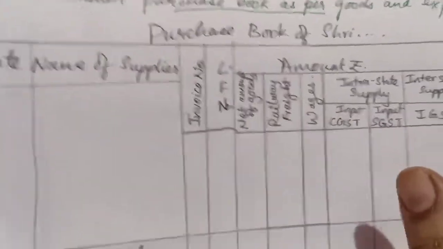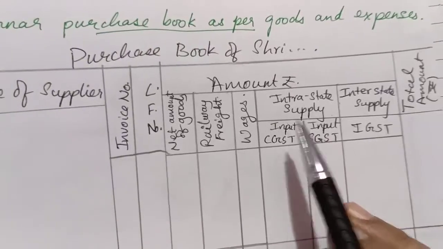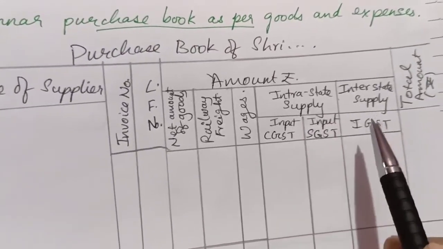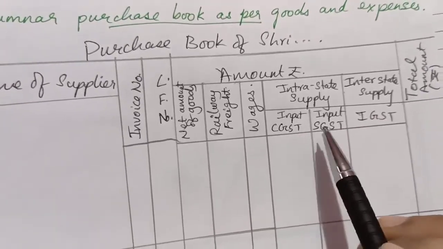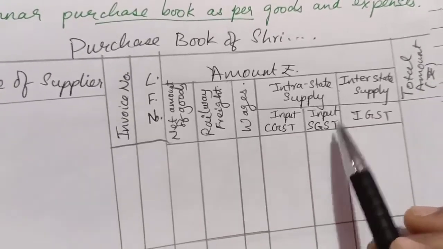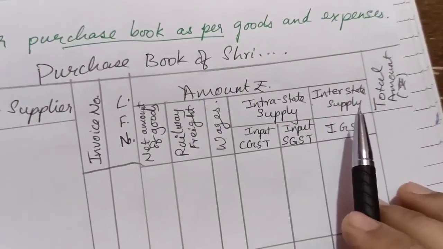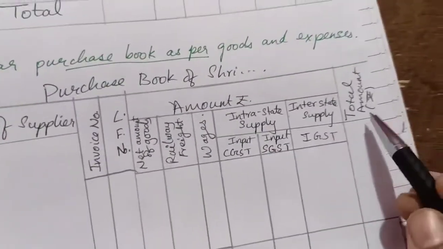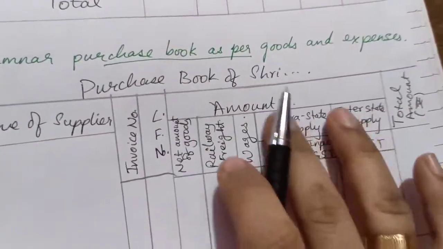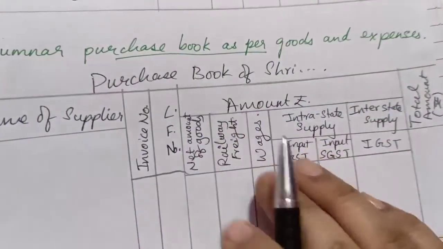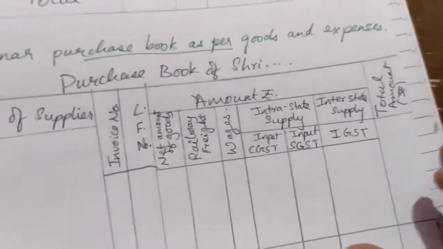Then if the GST percentage is given, both the intrastate supply and the interstate supply should be bifurcated with input CGST and input SGST for intrastate supply and IGST for interstate supply. And finally, there will be the total amount. After calculating the bifurcated amounts, we have to get the total also.